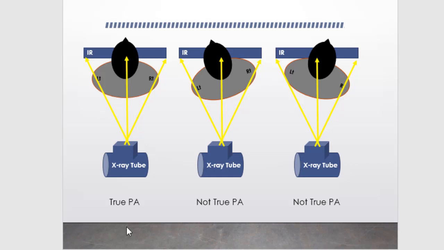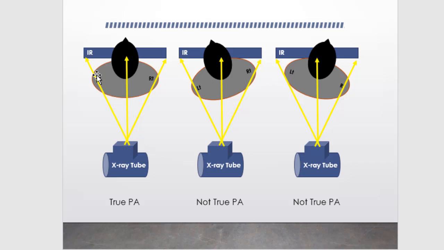Okay, so next one is true PA, as we can see here. What do we call true PA? When the distance on both sides to the IR cassette is equal. There's no rotation present, so we can classify this one as true PA. Here we are looking at the anatomy from external anatomy. So in the radiograph we will look at internal anatomy.